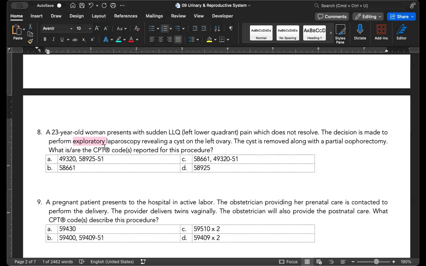They have an idea of what it could be, but they don't know, so they're not going in with the sole purpose of performing a procedure. It says surgical laparoscopies always include your diagnostic, but in order to report a diagnostic laparoscopy, you can use 49320. Okay.